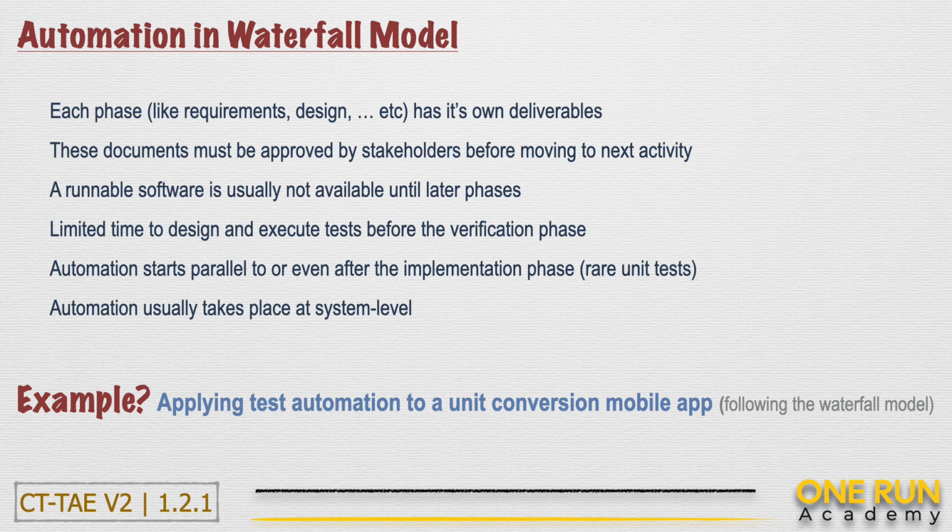Automation kicks in here. So we write test scripts to check system level functions, maybe something like, does the app correctly convert 1 kilogram to 2.2 pounds? Does the app round decimals properly? And does it handle edge cases like invalid input or empty fields? Very well. I'm sure you have noticed what's missing here.